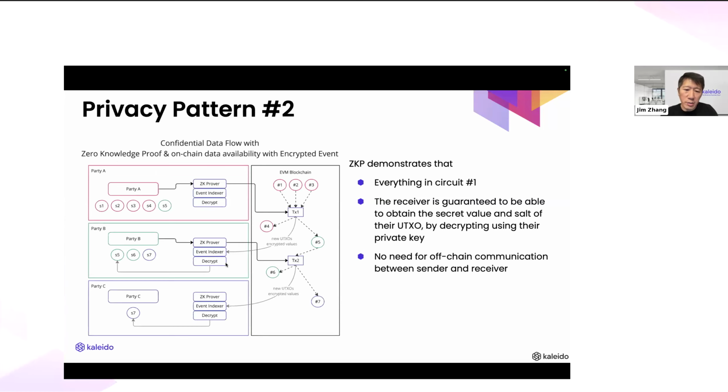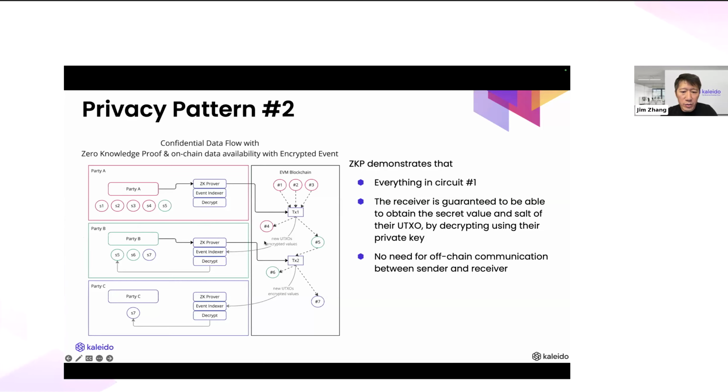And this is accomplished by doing a Diffie-Hellman-based key exchange to generate a shared secret between the sender and the receiver, and then use that secret to encrypt our values. So in this case, you can see no private channels are required between the senders and receiver.